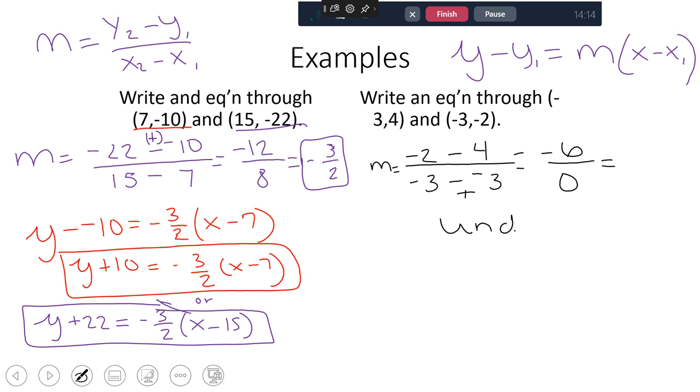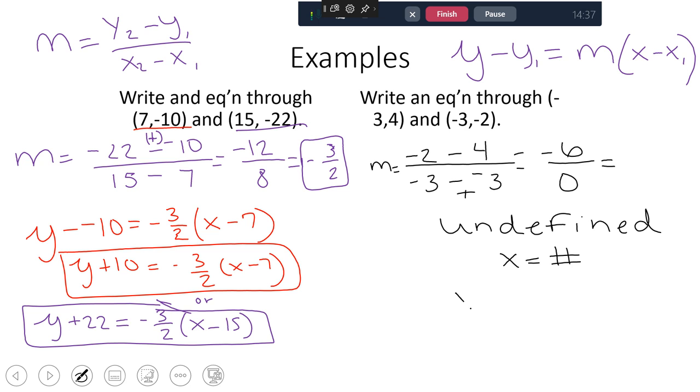Undefined. Okay, looking at Mr. Slope Guy, how do I always write an equation that is undefined? x equals a number. What is my x value? What are my x values up here? Negative 3 and negative 3.